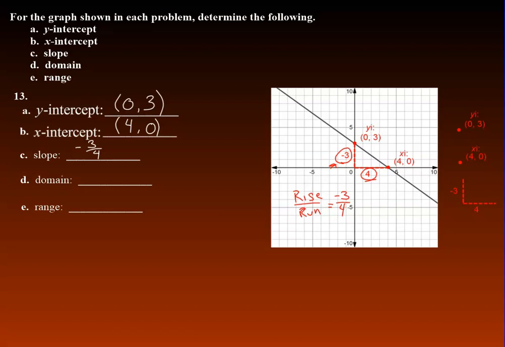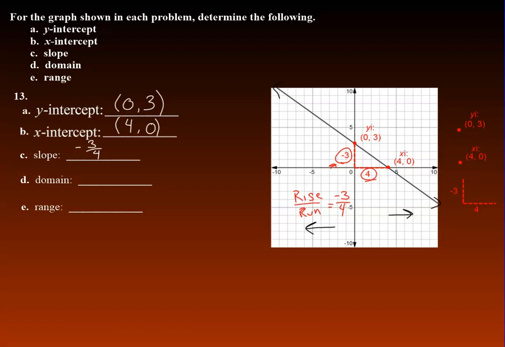As for the domain, that talks about the x values that are used. Well, the x values that we use on this graph are an infinite number. Our graph goes to the right forever, and our graph goes to the left forever. Remember, x is looking at left and right.